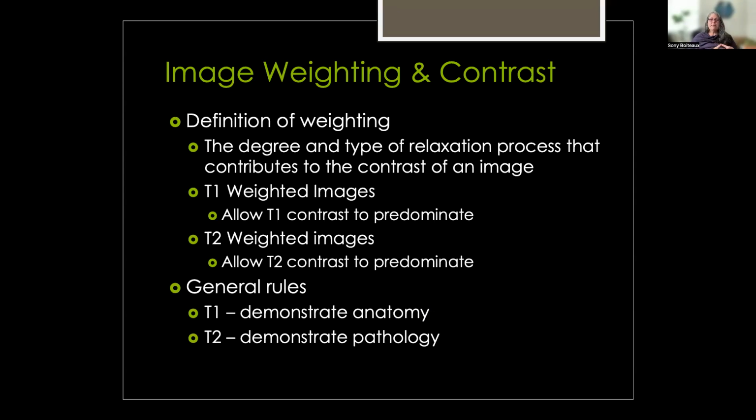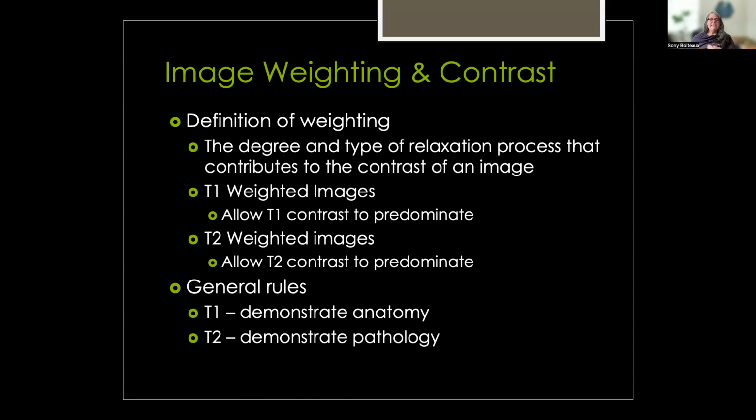So those intrinsic parameters are all going to be present, contributing to every one of our images. But again, through our extrinsic parameters, we get to indirectly say, okay, let's have that skew toward T1 contrast, and that would create a T1 weighted image. Or let's have the image contrast skew towards T2 contrast, and that would give us a T2 weighted image.